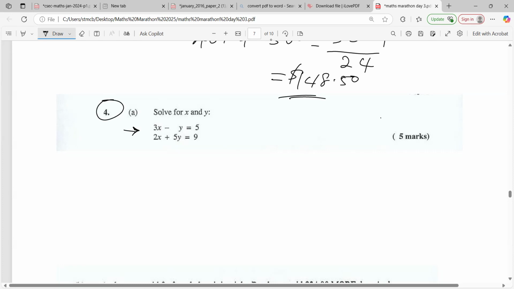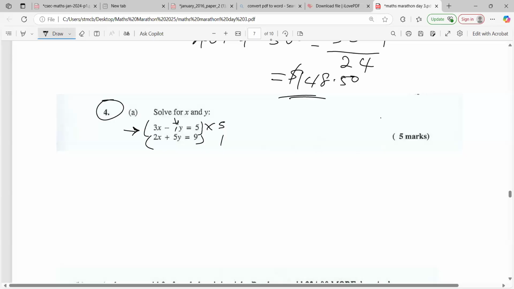All right. So 3x minus y. I want to get rid of the y, so I'm going to multiply by 5 and 1, because I think if I add, it's much easier. I'm going to multiply this one by 5, the entire equation, and this one by 1. I want y to have the same coefficient in front of both of them.